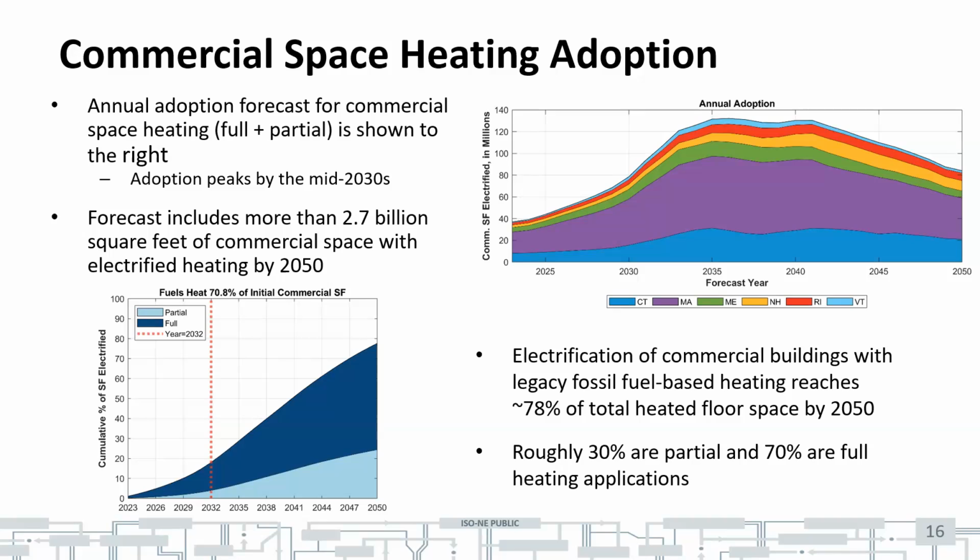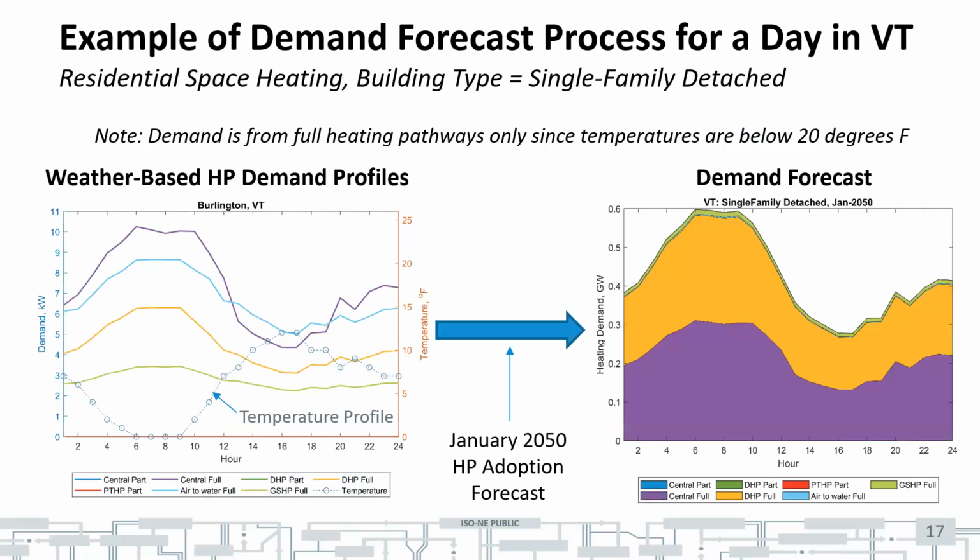But anyway, in the commercial space, our adoption forecast peaks by the mid 2030s. Overall, a little south of 80% of the fossil fuel based square footage in the commercial space is electrified by 2050. And the split is 30% partial, 70% full heating.